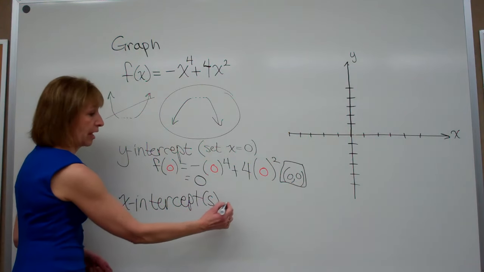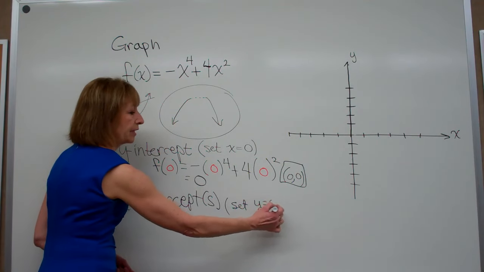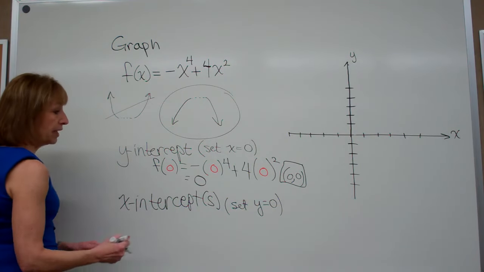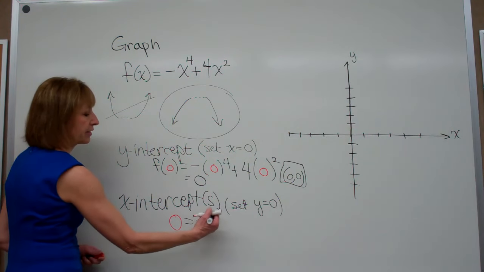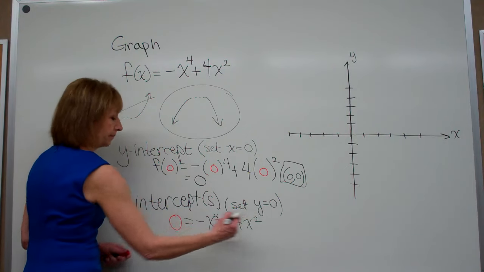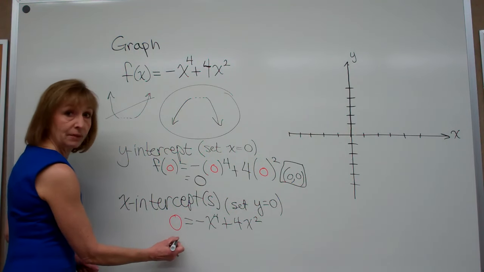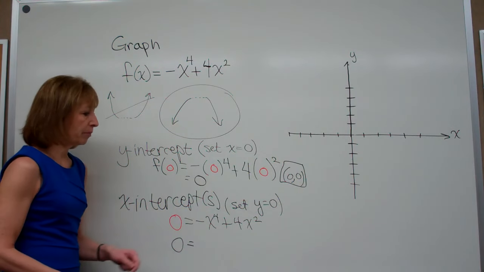Next, for our x-intercepts, we set y, or the function value, equal to 0. So here I have 0 is equal to the opposite of x to the 4th plus 4x squared. To solve this for x, I want to solve it by factoring.